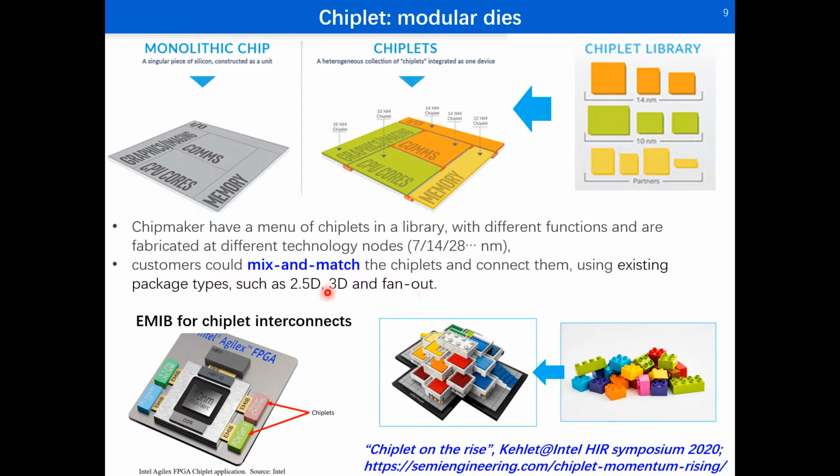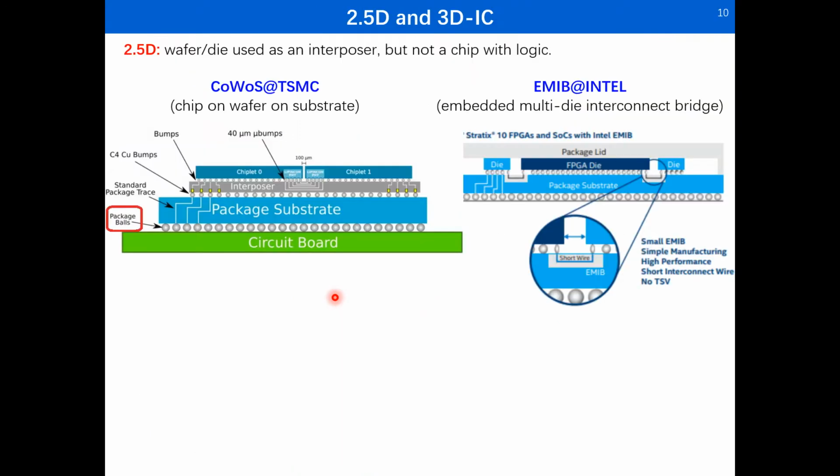Here we mentioned 2.5D and 3D. What was that? We introduced CoWoS and EMIB a while ago. Both of them are 2.5D packaging. It seems there are 2 layers of silicon die stacked horizontally.